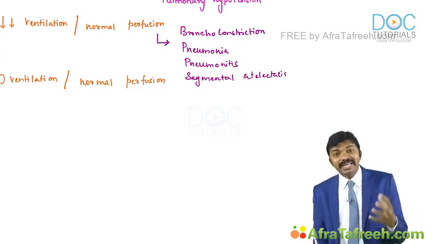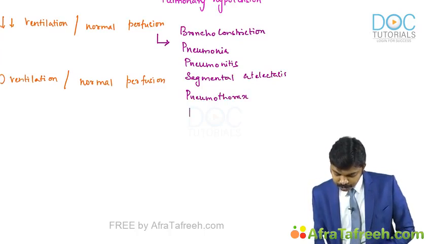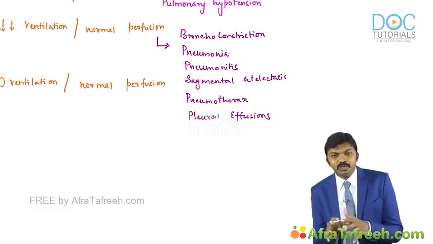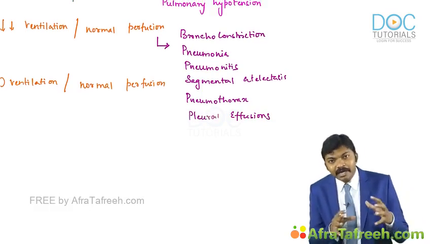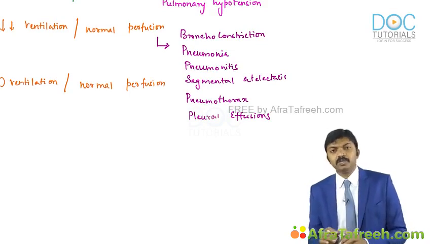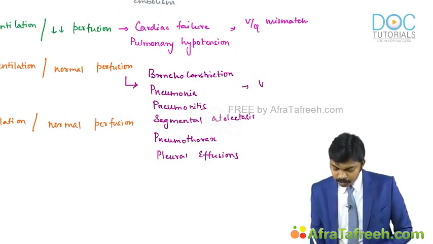Conditions that are not letting the lung get expanded, for example, pneumothorax, massive pleural effusions. These are the conditions that stop air from getting into the alveolus. So, ventilation is going to be compromised, but perfusion is going to be more or less normal, doctors. So, again this will produce V by Q mismatch.